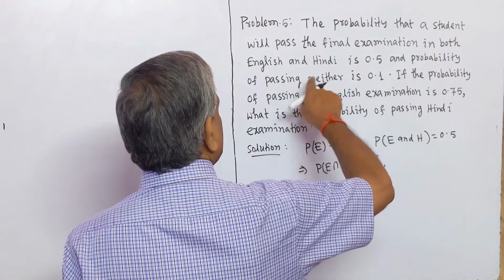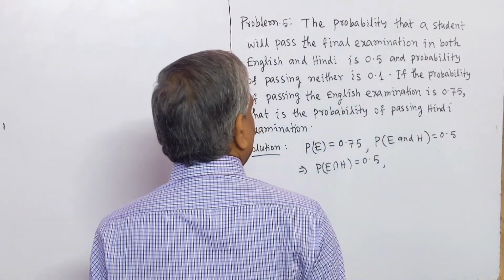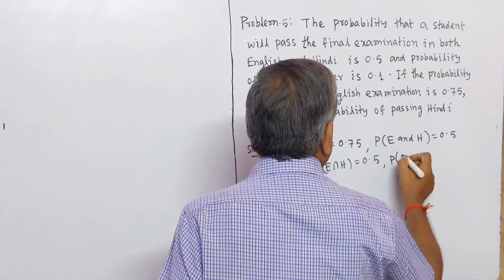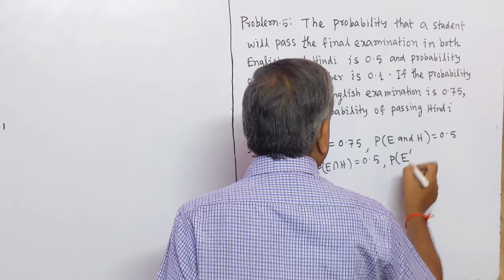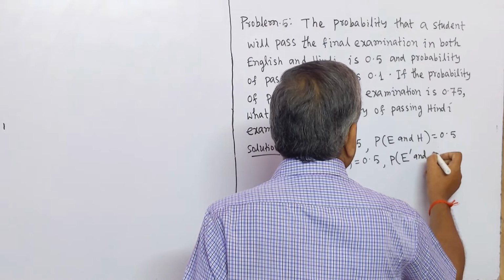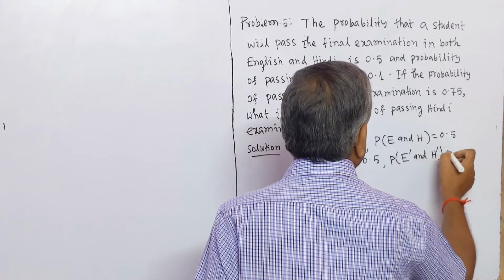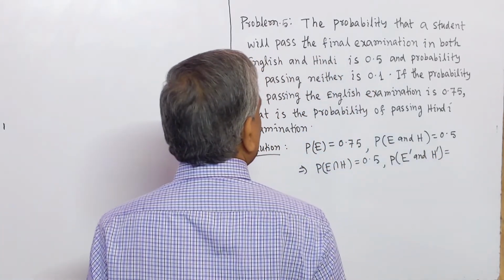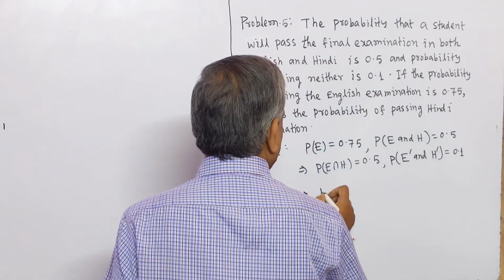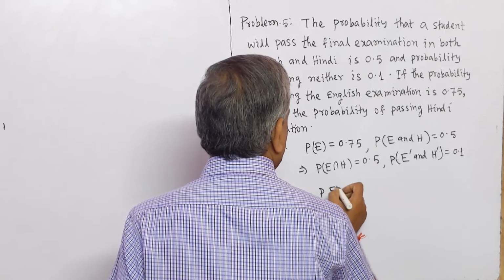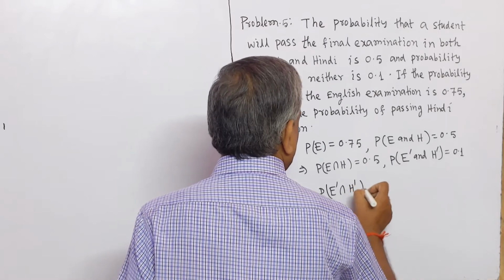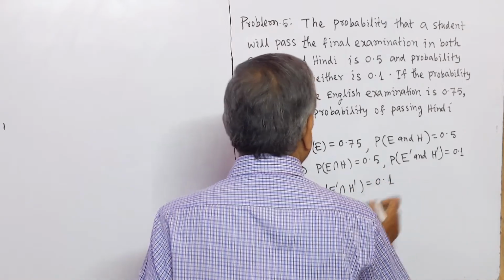And the probability of passing neither is 0.1, meaning the probability of not E, E prime, and not H, H prime, equals 0.1, which implies that P(E prime intersect H prime) equals 0.1.